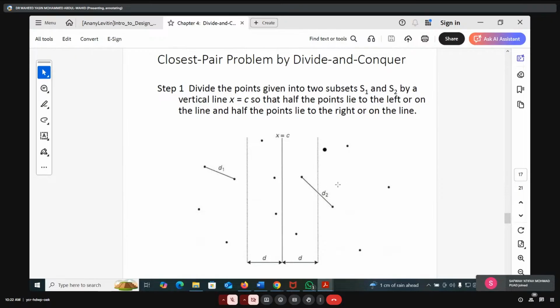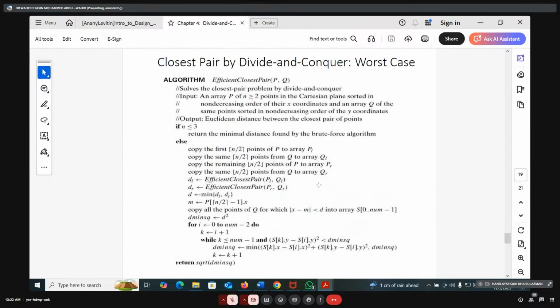Left and right. So how will I divide it? Using m equals P of the number of points divided by 2 minus 1 dot x. Copy all points of Q for which the absolute value of x minus m is less than d into array S[0..num minus 1], and dminsq equals d power 2. Okay?